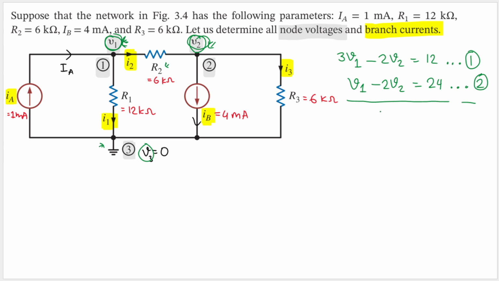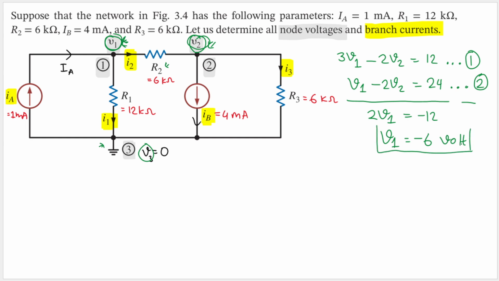So we will have 2V1 here because 3 minus 1 is 2. And then 12 minus 24 is minus 12. So V1 is equal to minus 6. The unit will be volt, right? Because we are using kilo ohm and milliampere.